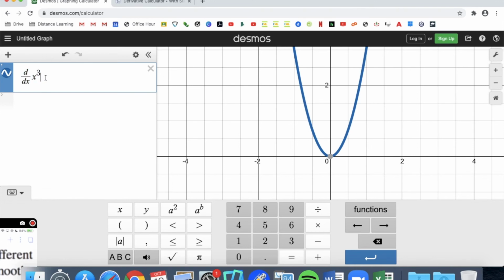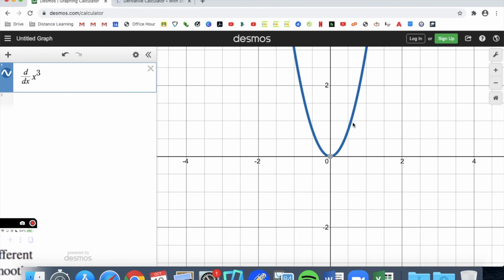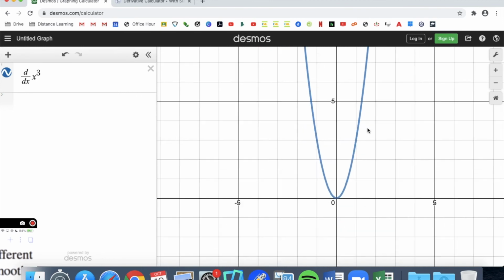And so we can derive it, but can we derive it at a location? Does it do a location for us? No, it won't do a location. But what we can do is we can pull a data set from here, what's happening at 2, and we got the answer was 12.